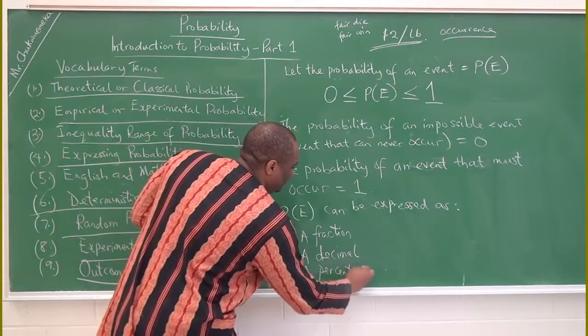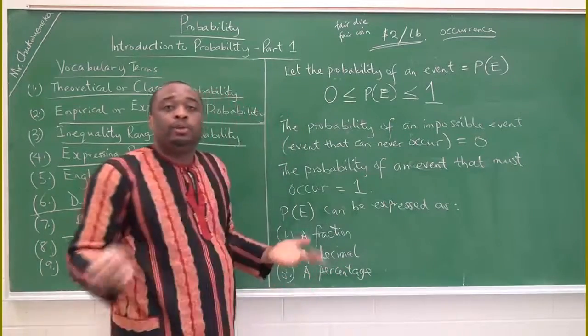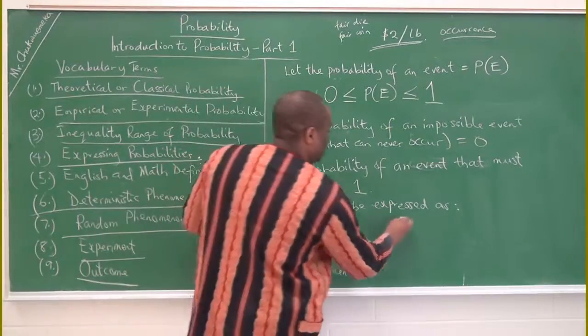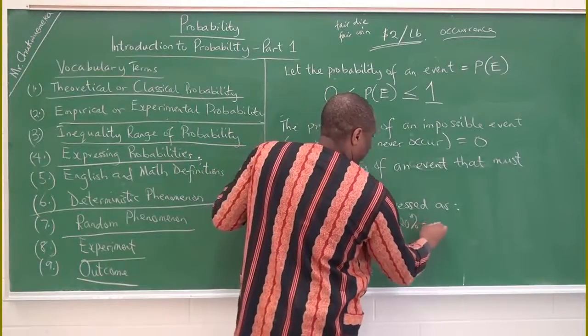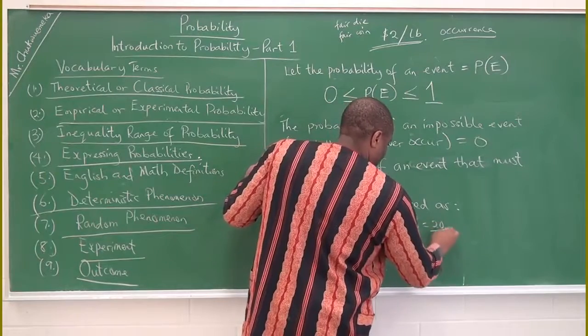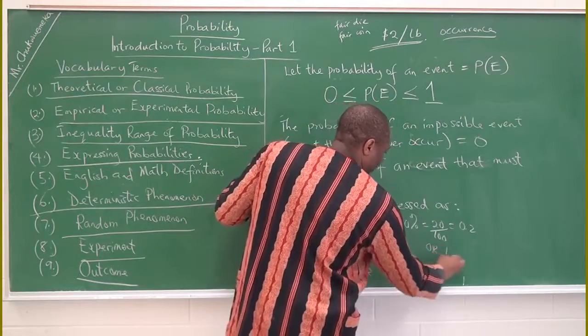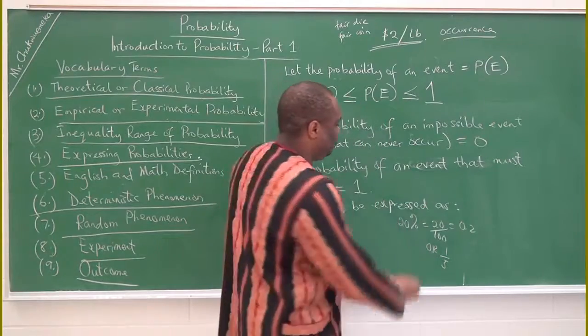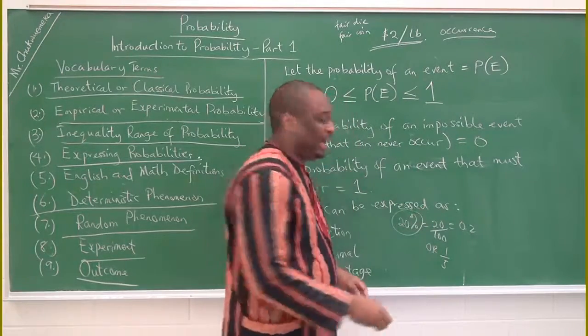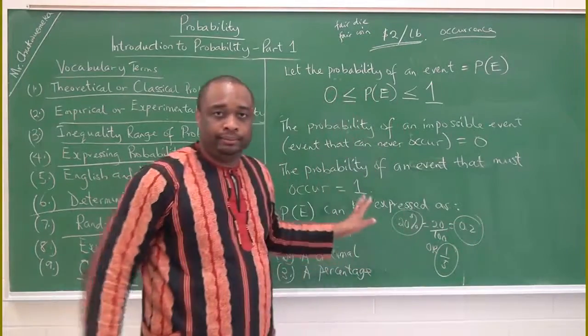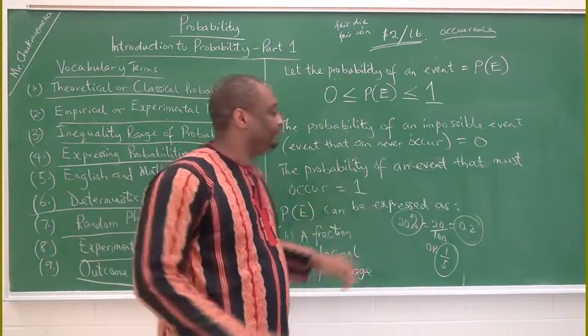If I say 20% chance of rain, it means 20 out of 100, which is 0.2, or 1 over 5. It can be a percentage, a decimal, or a fraction. Just know that about the probability of an event.